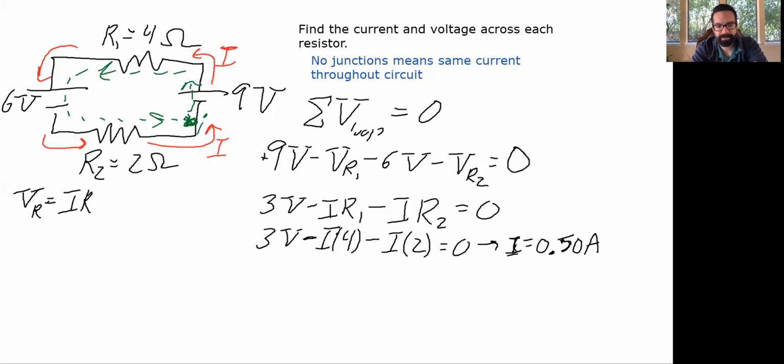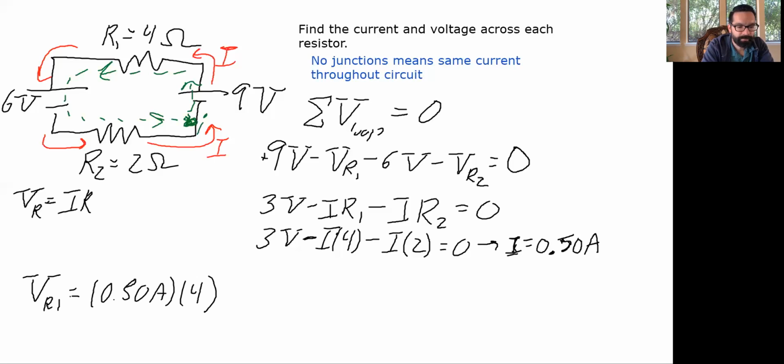All right, so now we just have to find the voltage across resistor 1 and voltage across resistor 2, which is not too hard. We just use Ohm's law. So voltage across resistor 1 equals IR, 0.50 amps times the resistor of R1. So there you go. We get 2.0 volts. And same thing for voltage across resistor 2.